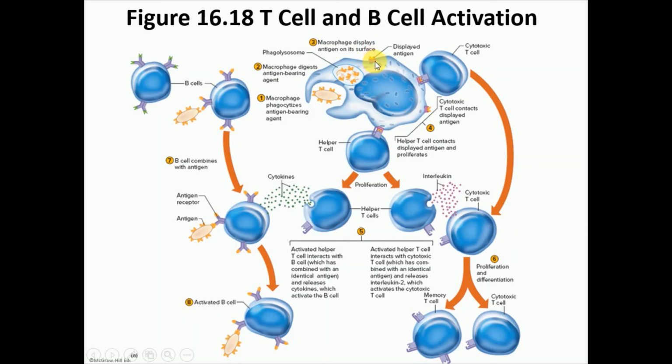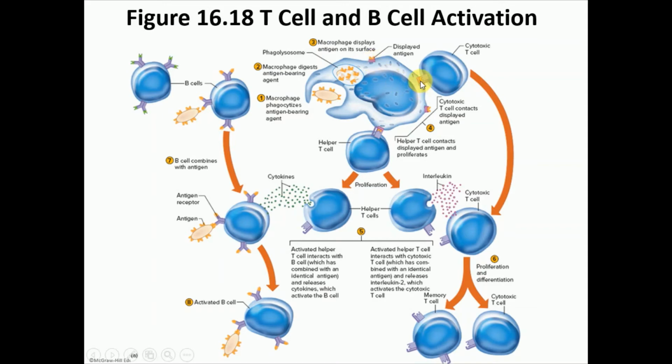It displays the antigen on this little tiny purple molecule that is known as the MHC, or the major histocompatibility complex. All of our cells have MHCs, whether it is your immune cells or other cells of the body. The function of the MHC here in the immune system is to carry that antigen and expose it to the rest of the immune system.